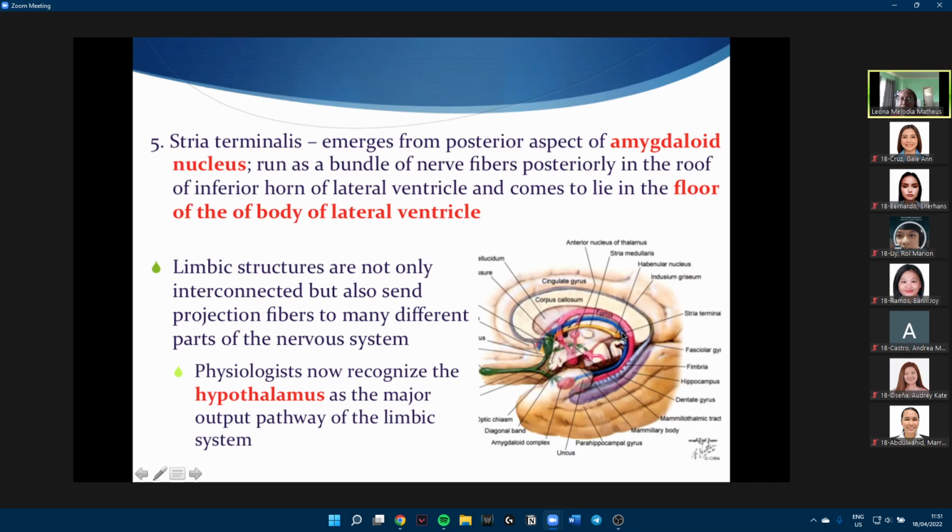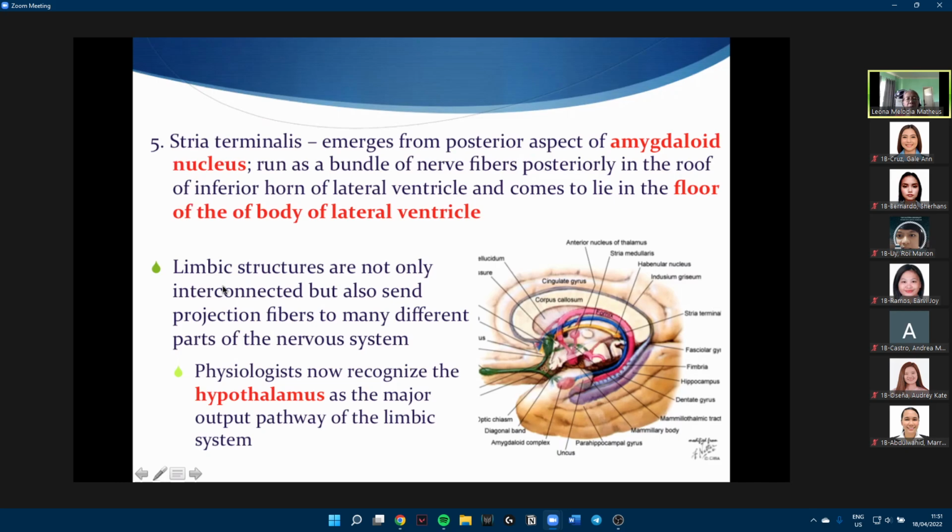Identified as the stria terminalis, which will eventually come, as noted here, to lie in the floor. So sa ilalim of the body of the lateral ventricle. So here, no? Underneath the body of the lateral ventricle. Ayan. Okay? So these are the pathways of your limbic system.